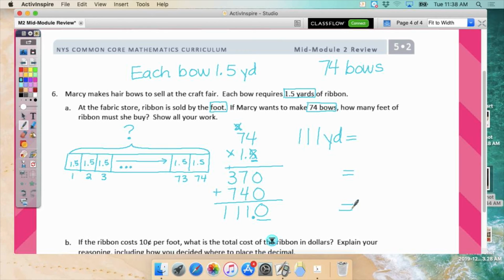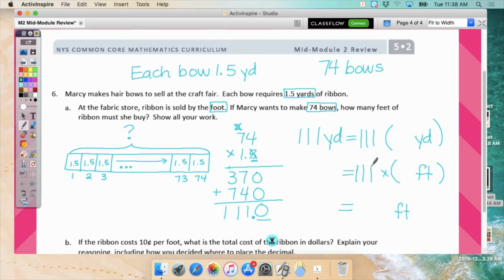So help me with my labels. Yards, yards, feet, feet. Okay, and then I need parentheses. I need multiplication signs. We've been doing this a lot lately, so this is easy to remember, isn't it? Yeah. Okay. And 111.